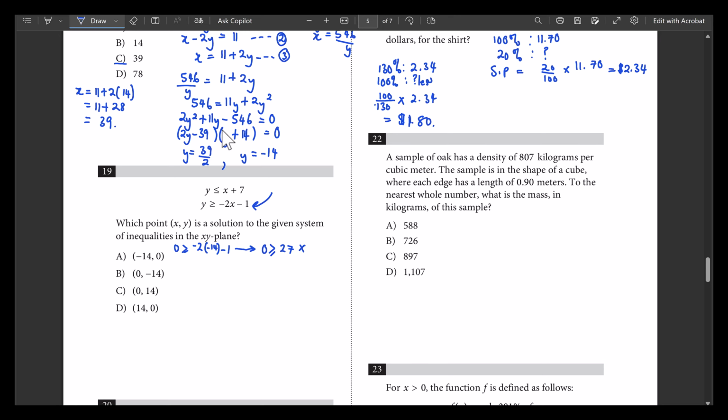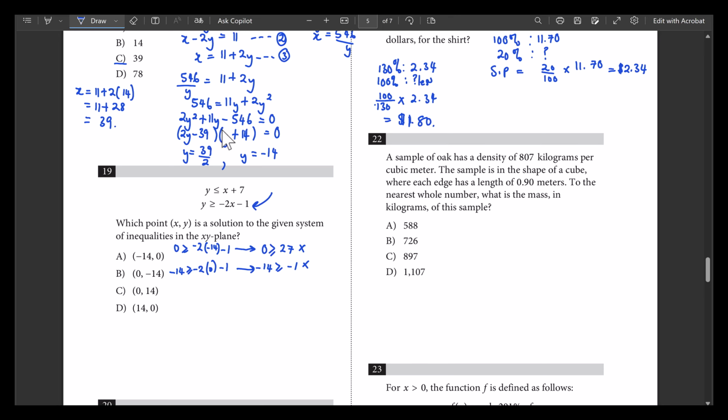Option B, we have negative 14 is greater than or equal to negative 2 multiplied by 0 minus 1, and our final answer we get negative 14 is greater than or equal to negative 1, which is incorrect. Negative 14 is smaller.